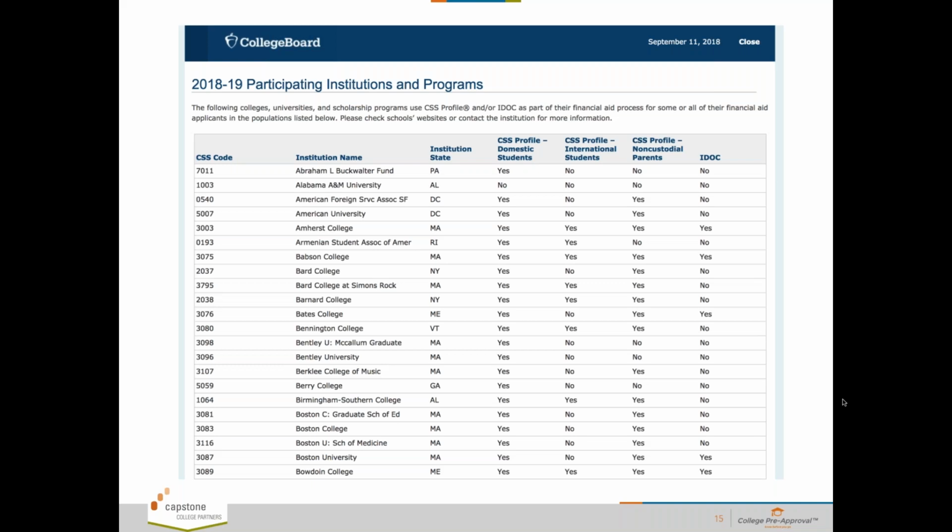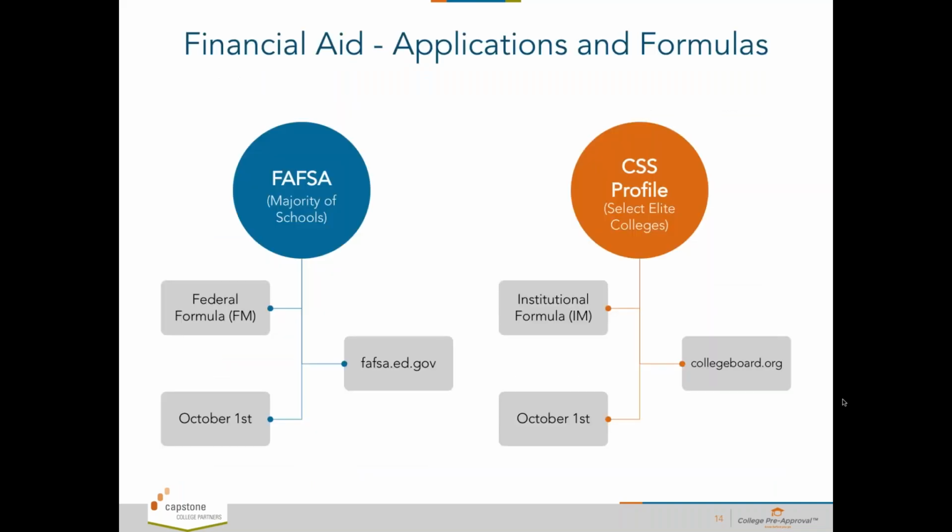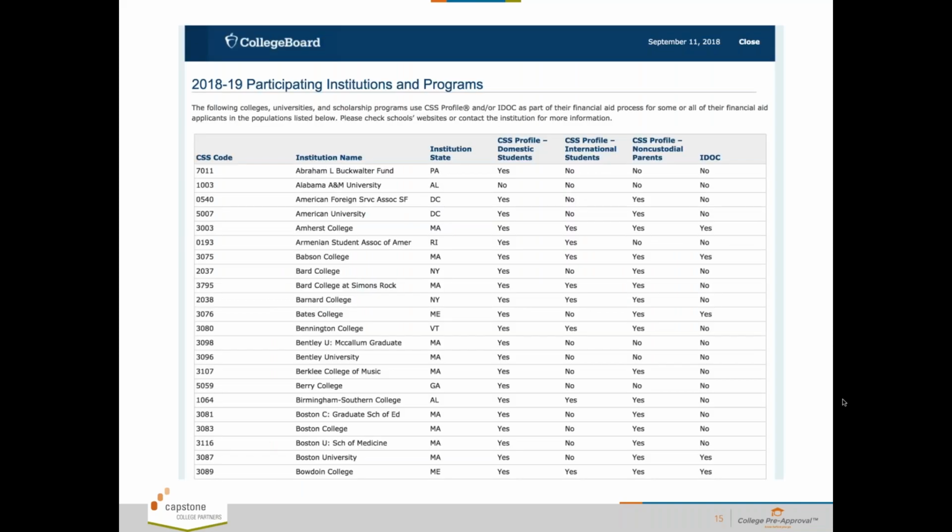As I said, like many things with college, you've got to unravel the pieces, and it depends on your situation. So again, the FAFSA and the CSS Profile drive the federal formula and the institutional formula, also called the federal method and institutional method, to determine your family's EFC.